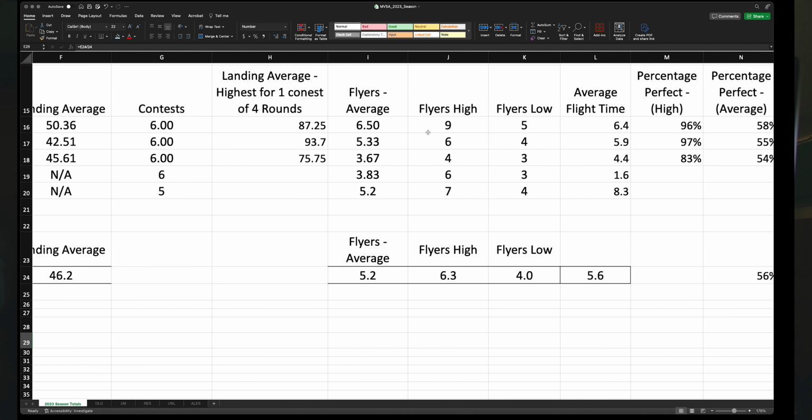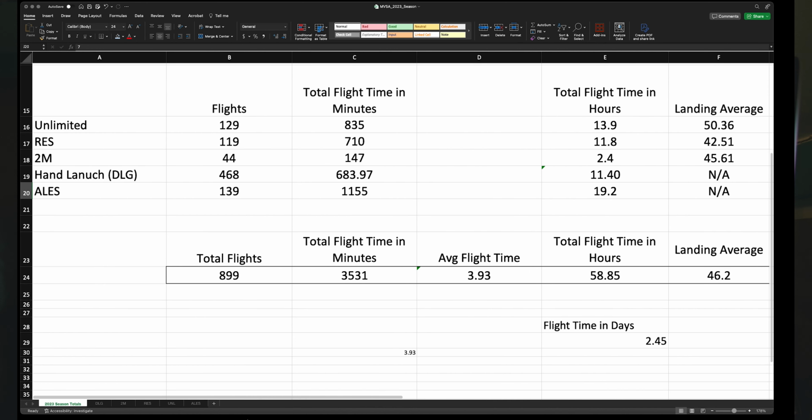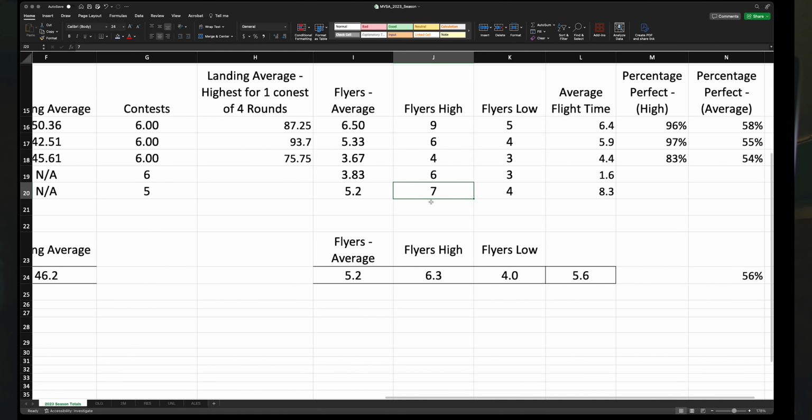Flyers high and low. Unlimited saw the most number of flyers at 9 on one contest, and then the low of 5. On the flip side, I know we're asking the question, how many people fly ALES? ALES, biggest contest of the year was 7, and the smallest contest of the year was 4.